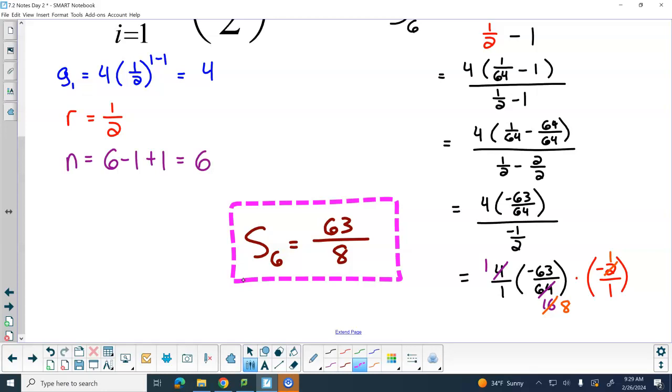Now, let's talk about this for a second. What do I love in life other than my family? Fraction. Leave your answer in fraction. Okay?